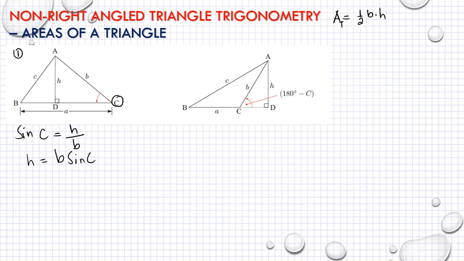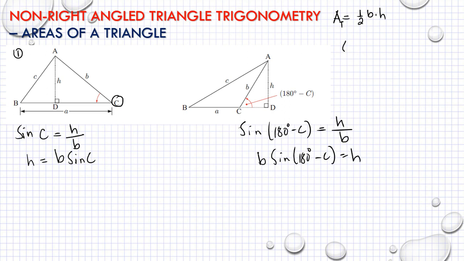What happens if we have this obtuse triangle and we have this angle 180 minus C? Then we also have sine of 180 minus C is equal to the opposite side, the height, divided by the hypotenuse, that is B. And then B multiplied by sine of 180 degrees minus C is equal to the height.